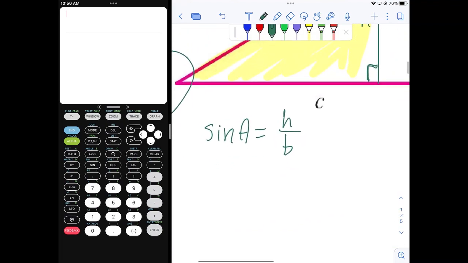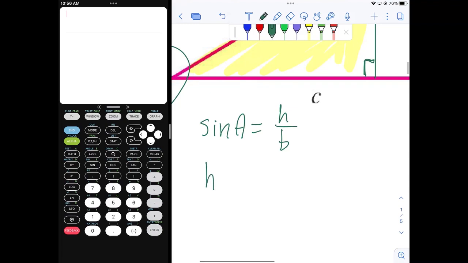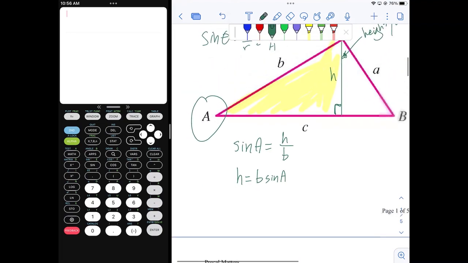I want to solve this for H, the altitude. All I have to do is multiply both sides by b, and I get b sine of capital A. At this point, I do know the length of the altitude. It's always going to be the adjacent side times sine of the adjacent angle.